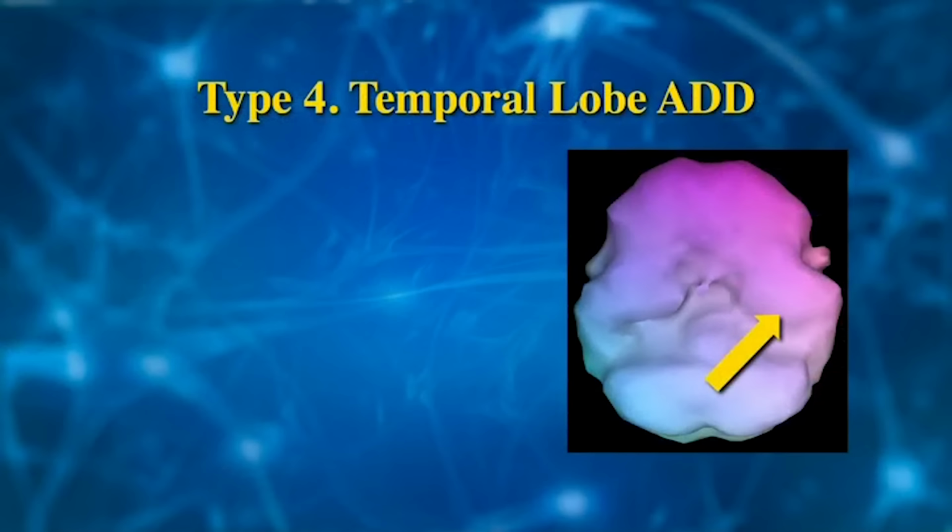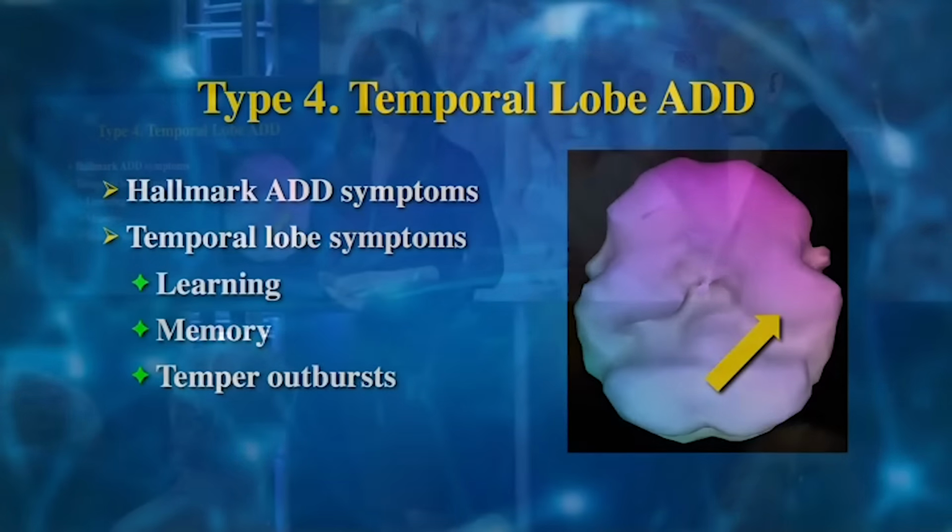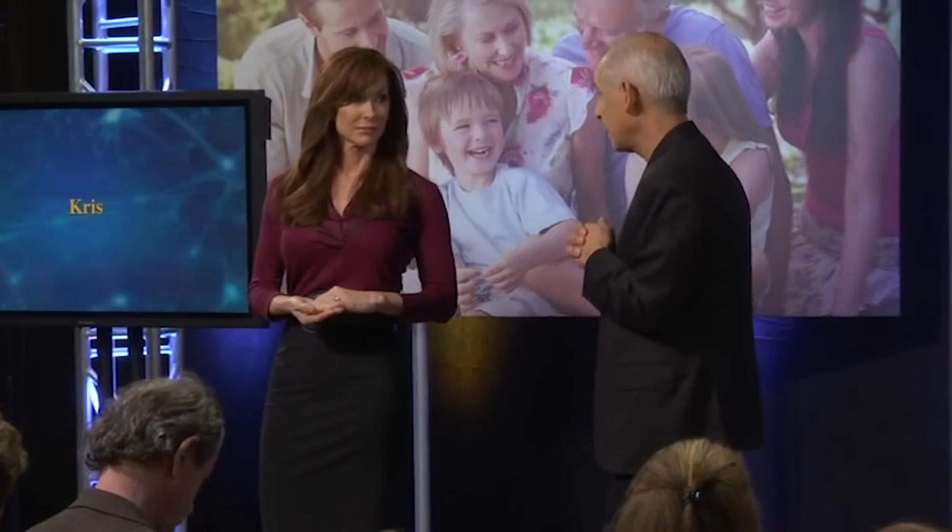The fourth type is called temporal lobe ADD, and it is so interesting. They have the hallmark features of ADD, plus symptoms associated with problems in their temporal lobes, such as issues with learning, memory, and temper outbursts. Chris had a long history of being hyperactive, impulsive, and aggressive. At 6, he was put on a stimulant medication, but it made him even more aggressive, and he started to hallucinate.